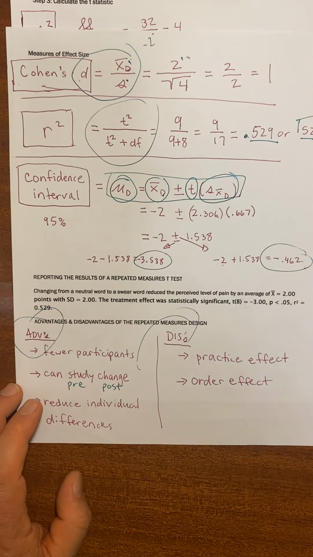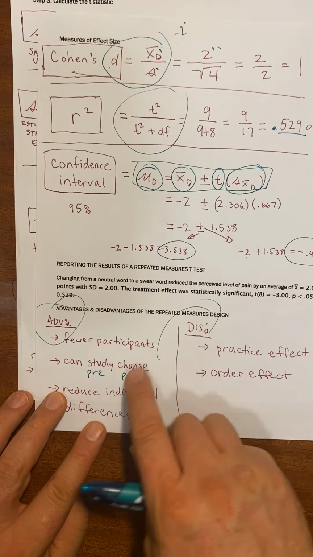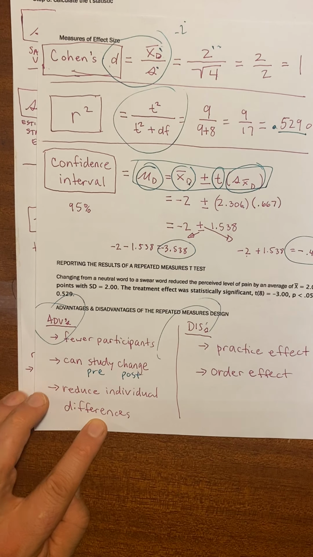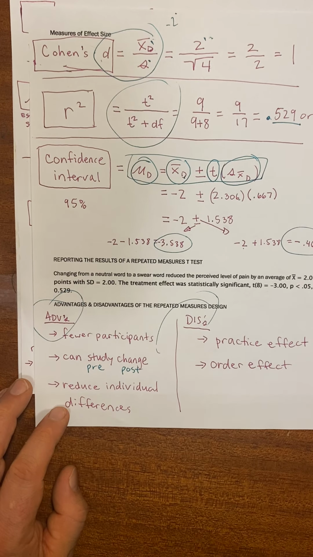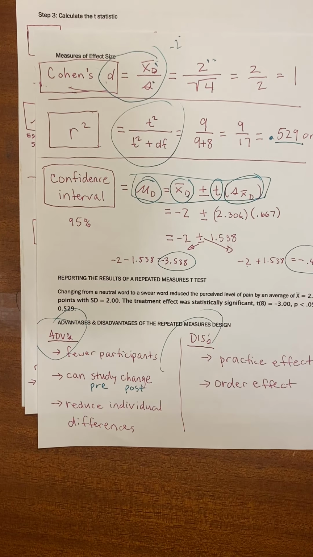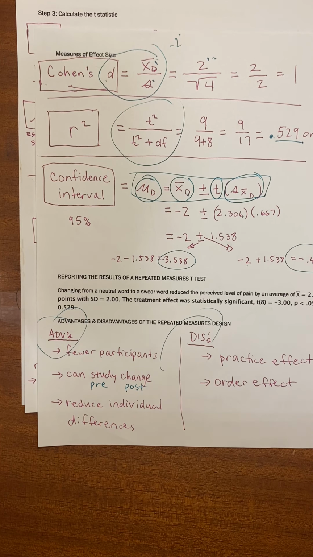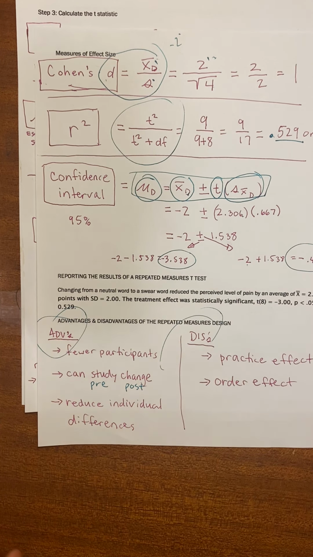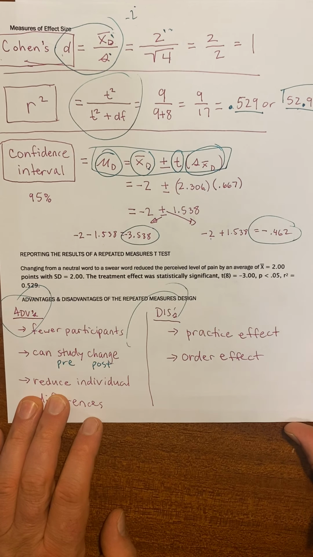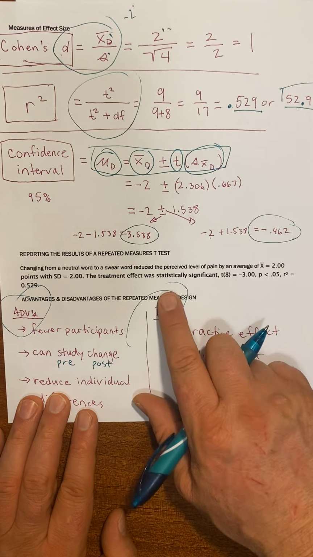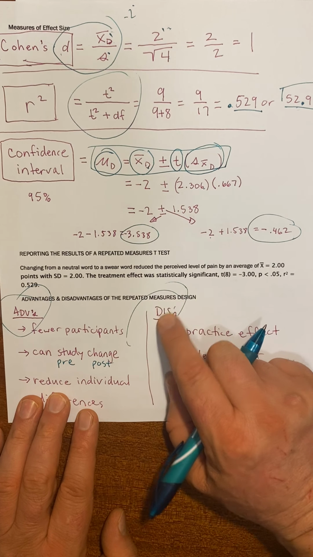If you go back to this kind of design, where you're using one group of participants, you're reducing the individual variability, because the participants serving as their control participants are also the participants who get the treatment. So it's that advantage.